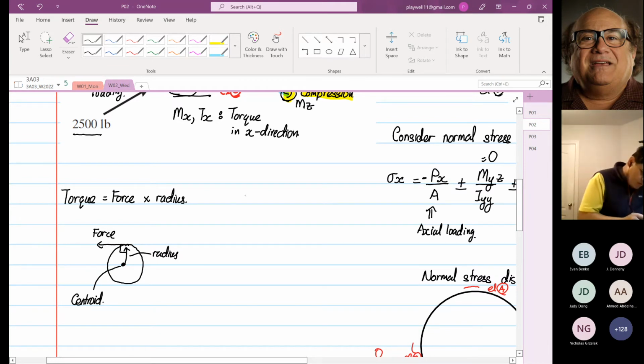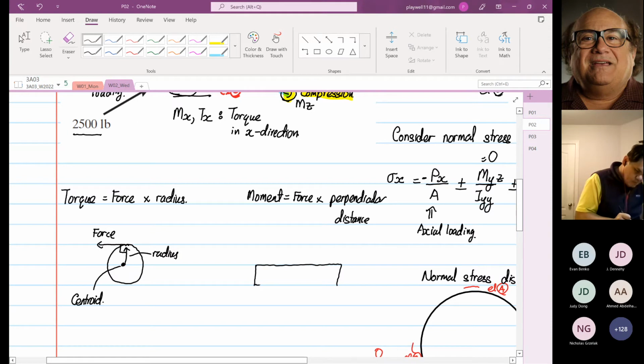When we calculate moment, it is equal to force multiplied by perpendicular distance. So this is your structure now.